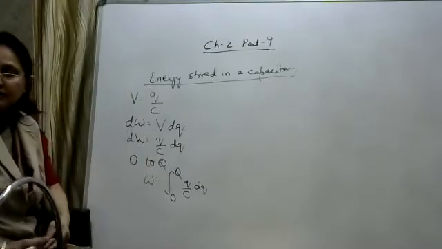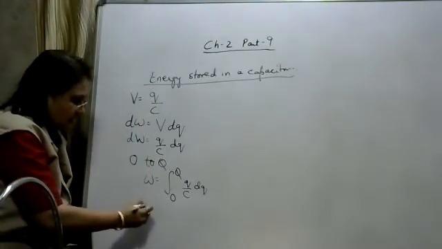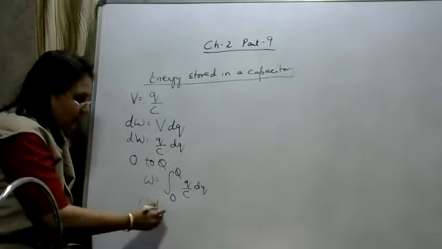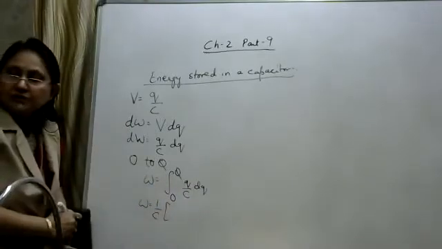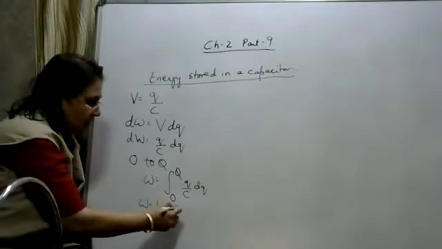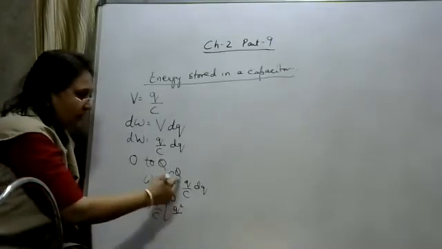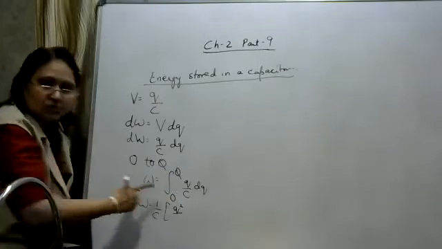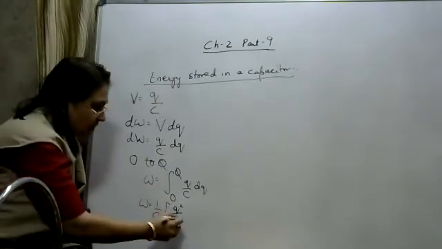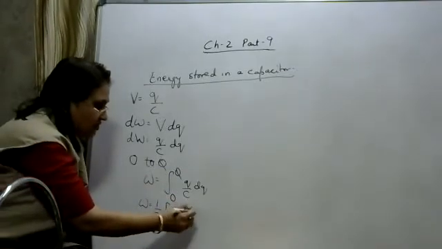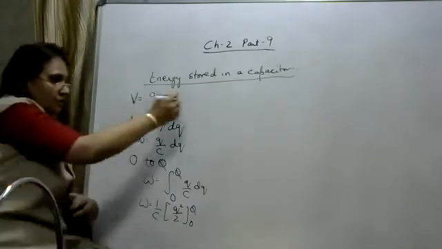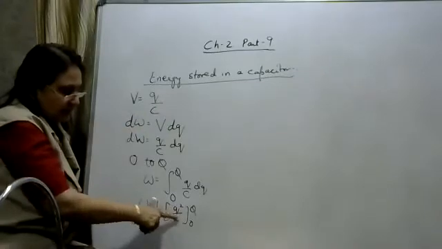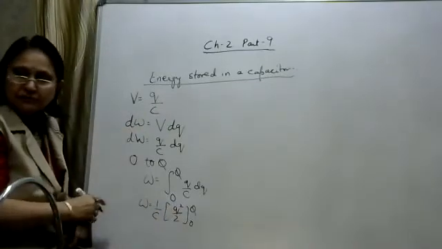So the work done is equal to 1 upon C, integration of Q into dQ, which is Q raised to the power 1 plus 1 upon 1 plus 1, in the limits 0 to capital Q. Put the limits, upper limit minus the lower limit, in place of small q.